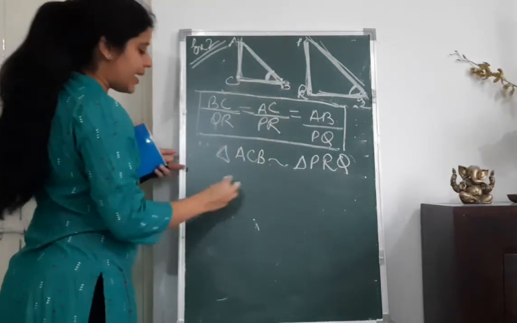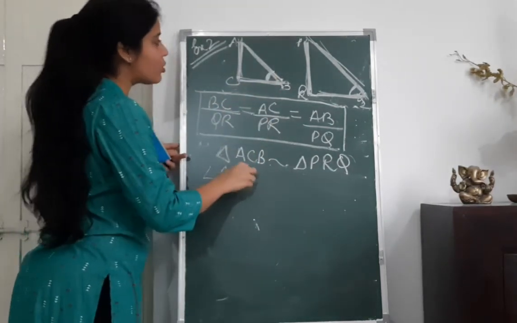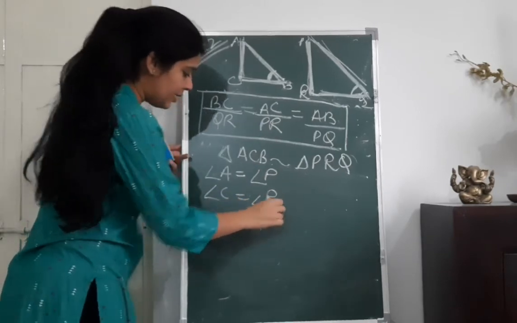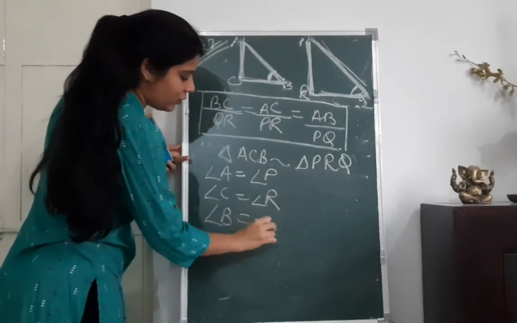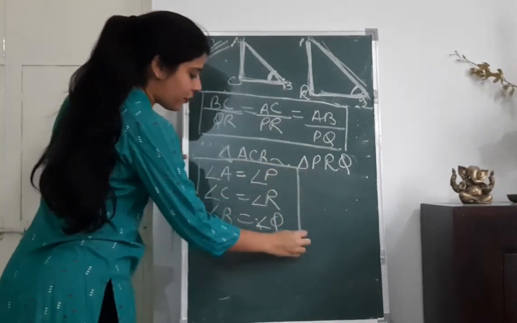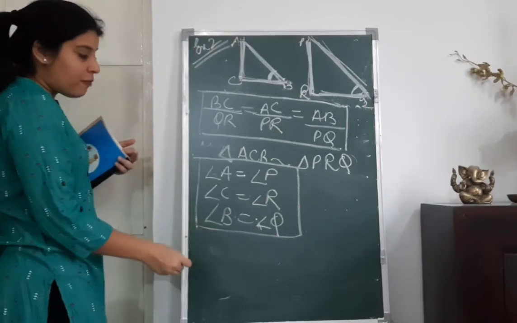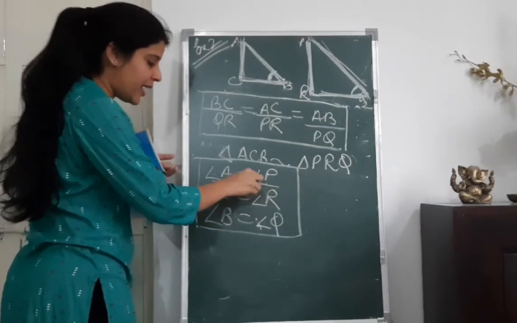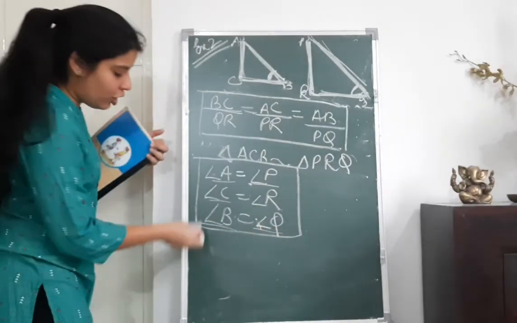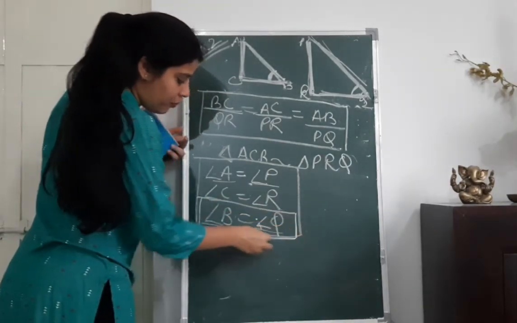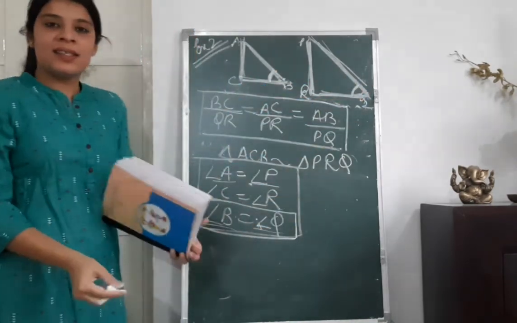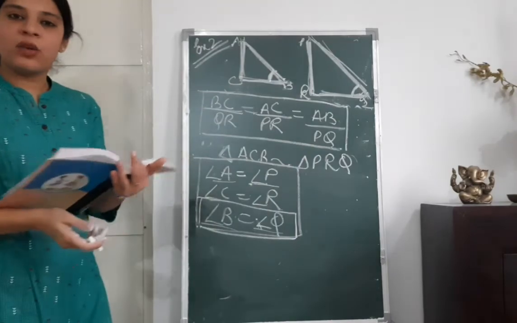So using that, I can say angle A is equals to angle P, angle C is equals to angle R, and angle B is equals to angle Q. So using the property of triangle, I have proven that angle A is equals to angle P, angle C is equals to angle R, and angle B is equals to angle Q. So that is how we have proven angle B is equals to angle Q for both of these triangles.